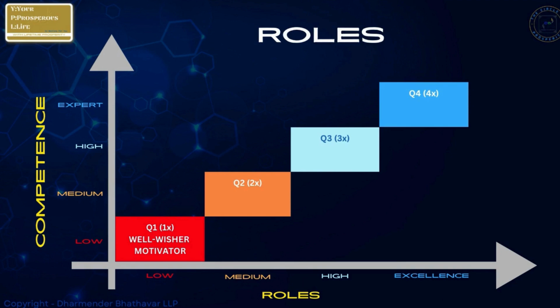Now the second level we can consider as influencer. Influencer, their roles is medium because their competency levels is medium. For example, if you are influenced by some person or if you are following some person, that person can influence you maybe for a couple of months or maybe up to a year. After that, you will find a new influencer and then again you restart with the process.